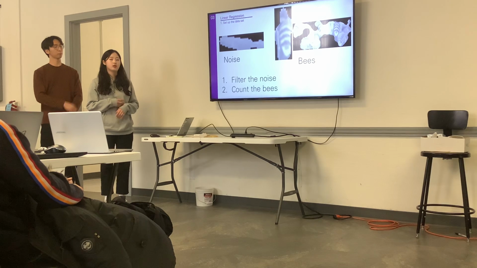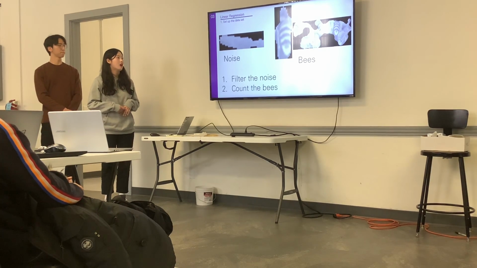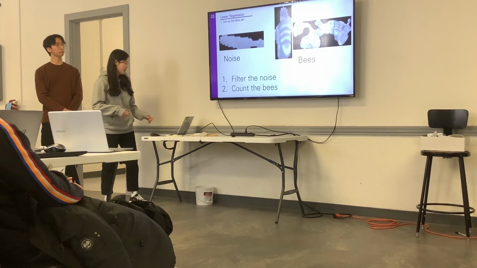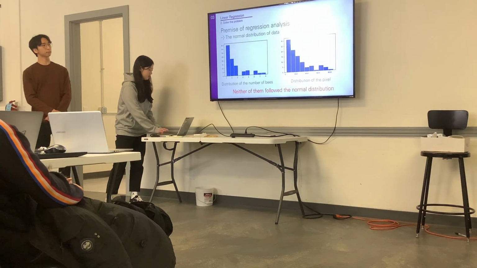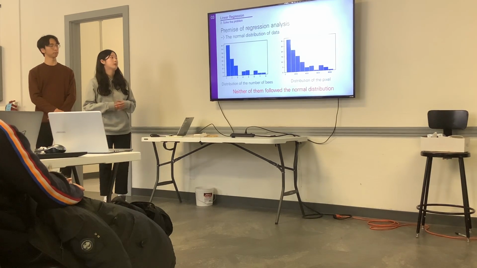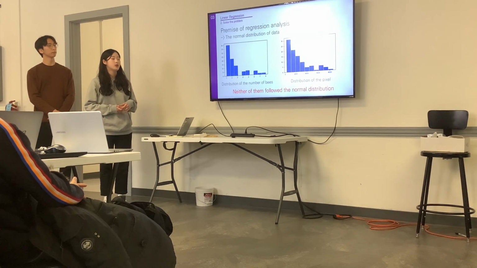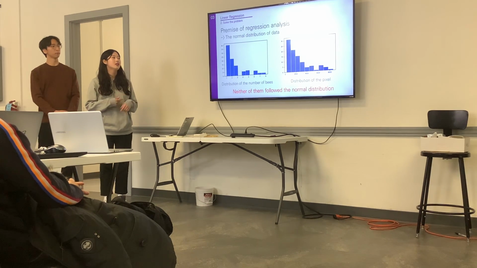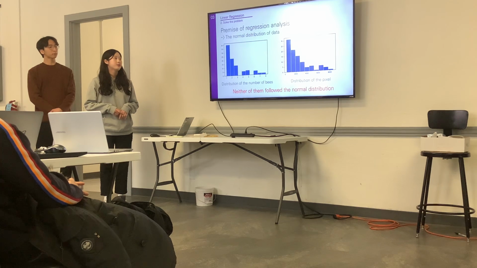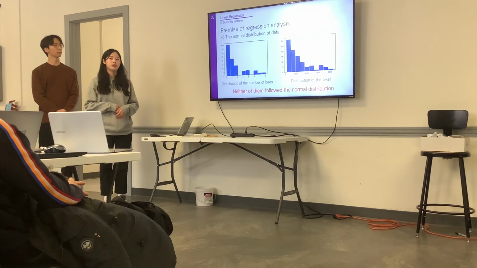And I counted the remaining bees and set up the data set. But there was a problem. According to regression analysis, a normal distribution of the data must be presupposed, but neither of them follows the normal distribution.